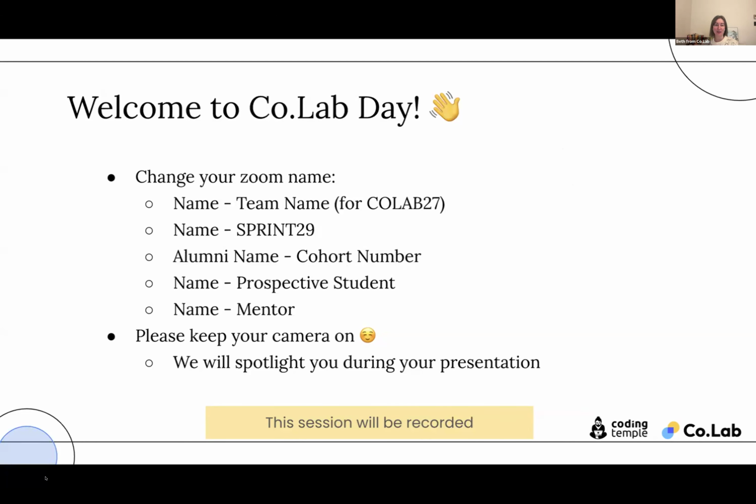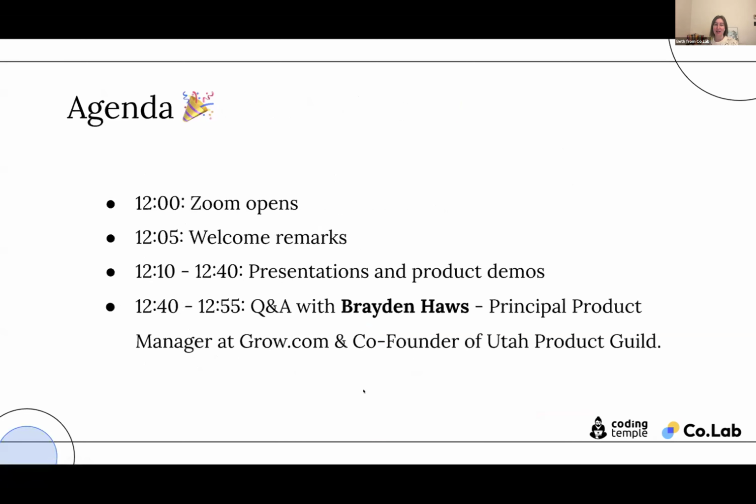All right. So I think we're going to get started. Just a quick agenda for folks, what to expect today. We've got brief welcome remarks, which we're doing right now. Then we'll go into the presentations, the product demos. As mentioned, we're going to have 3 presenters from our Sprint program and then 3 teams presenting from our bootcamp, COLAB27.